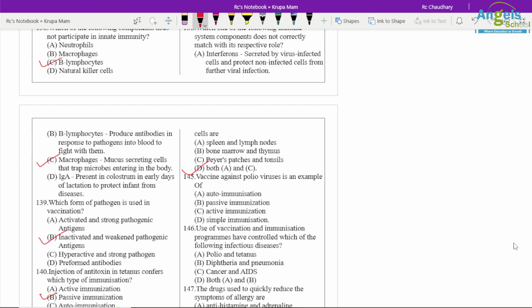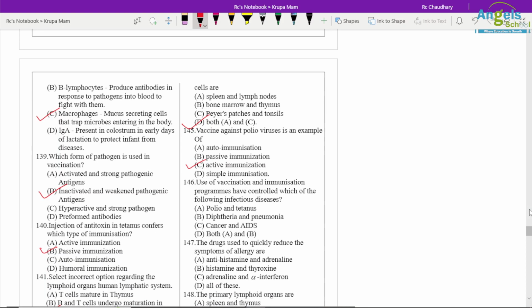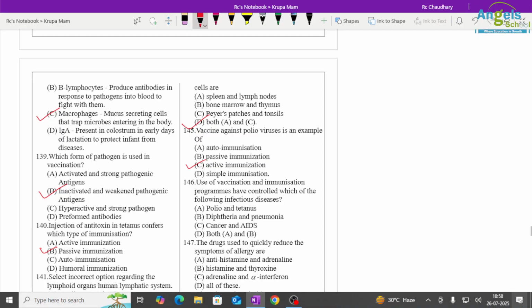Vaccine against poliovirus is an example of active immunization only. Use of vaccines and immunization programs has controlled which of the following infectious diseases?